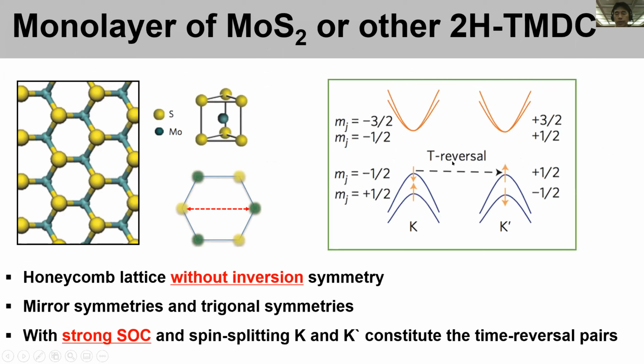Time reversal symmetry in solid state means that all electrons constitute Kramers pairs. Kramers pair means that the spin down electron at K should have the same band energy as the spin up electron at minus K. So this spin momentum pair is a consequence of time reversal symmetry. It is the so-called Kramers pairing.